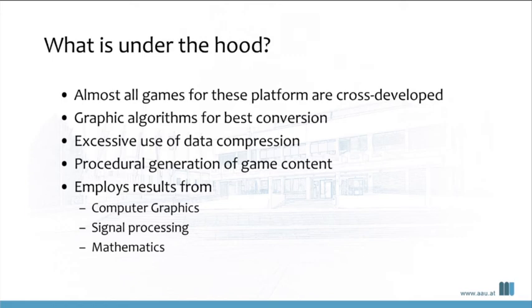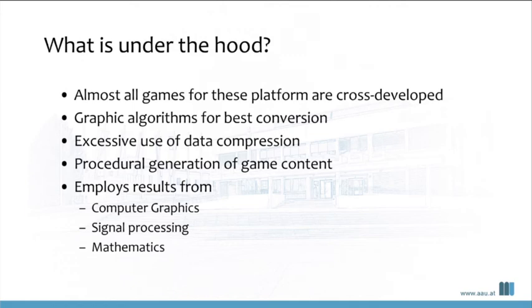What's interesting also in the context of AI is what is under the hood. So how are these games made? One observation is that almost all games for these platforms nowadays are cross-developed.